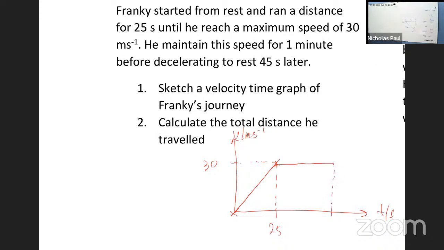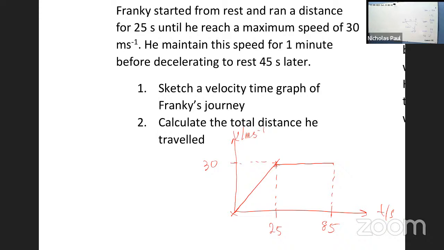What will the time be here? It's a minute, right? So it's a minute plus 25, which is 85 seconds. Remember, it maintained it for a minute, so after 25 seconds, you add 60.